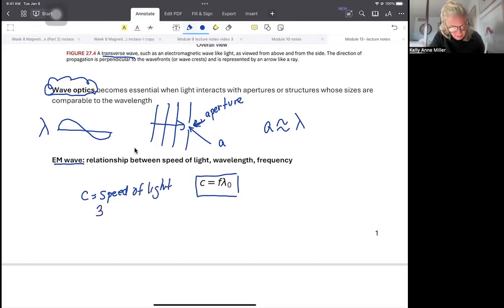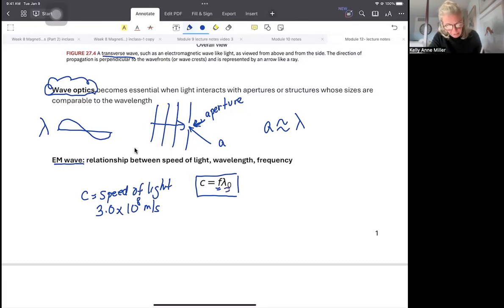Light is just a narrow band in the electromagnetic spectrum, the part that we can see. But because it's an example of an electromagnetic wave, it travels at the speed of light, 3 × 10⁸ meters per second, and its relationship is the frequency of the light times the wavelength.